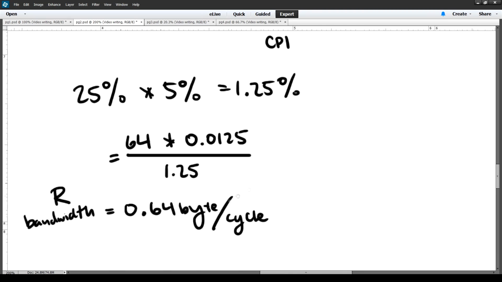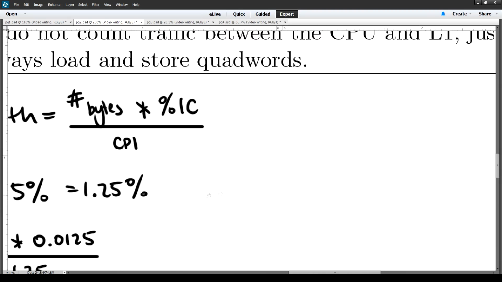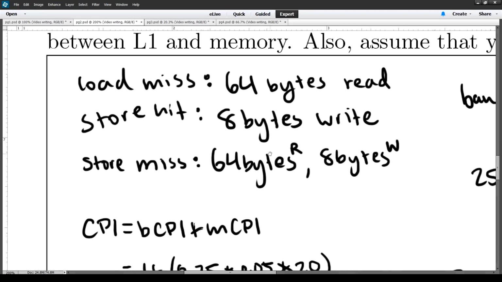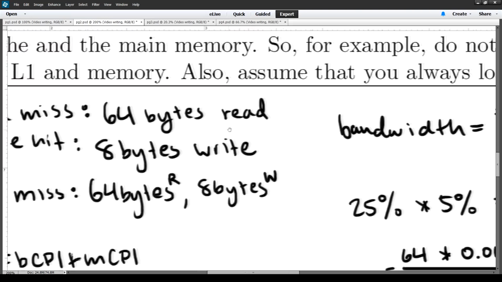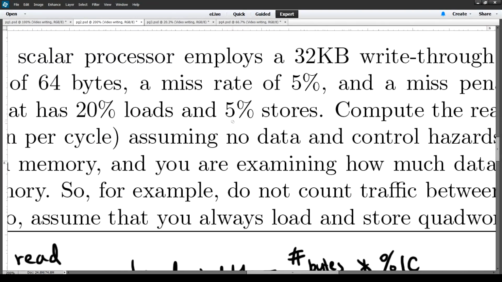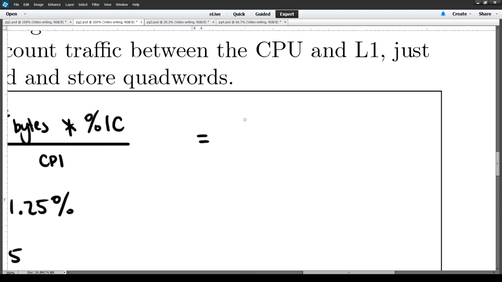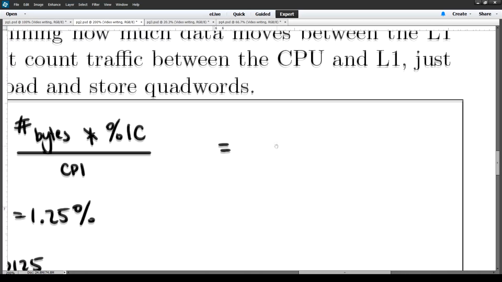We're going to be doing something pretty similar for the write bandwidth. So here we can see that for writing, we have two different scenarios, a store hit and a store miss, that both result in 8 bytes being written. We can see that both of these scenarios are stores. So for the percent, we can just look right up here, and it tells us that 5% of all instructions are stores. We also know that it was 8 bytes written for both of these scenarios.